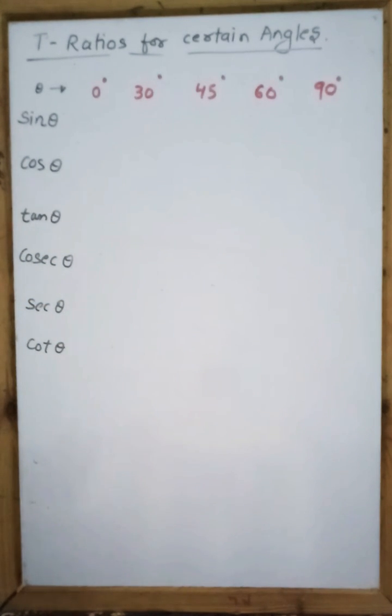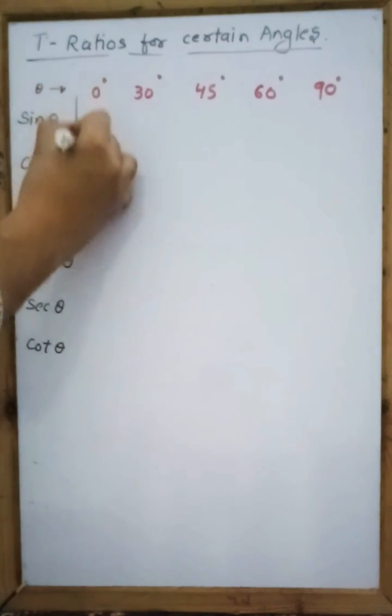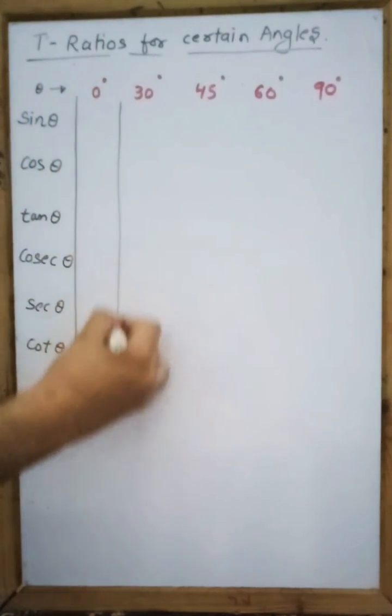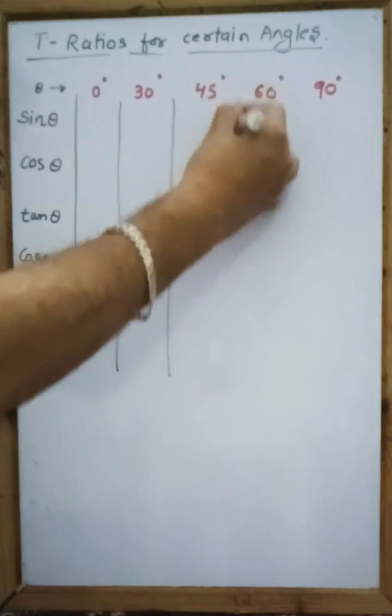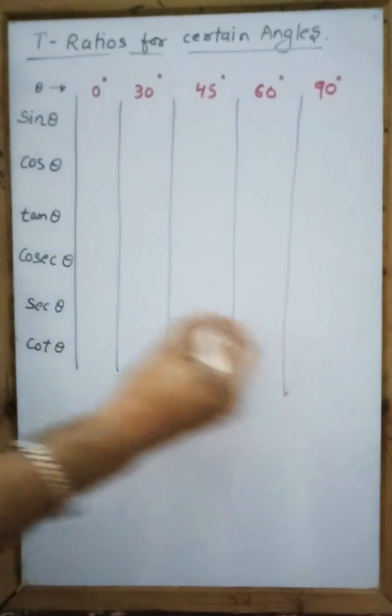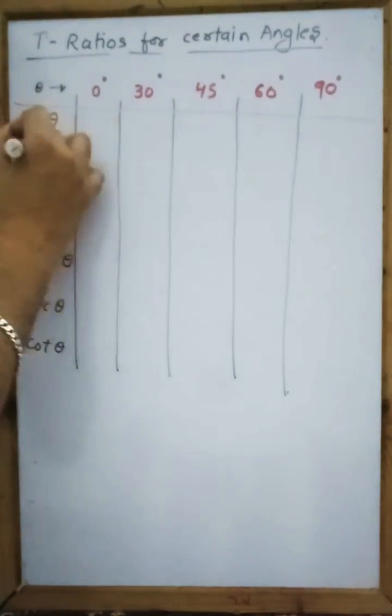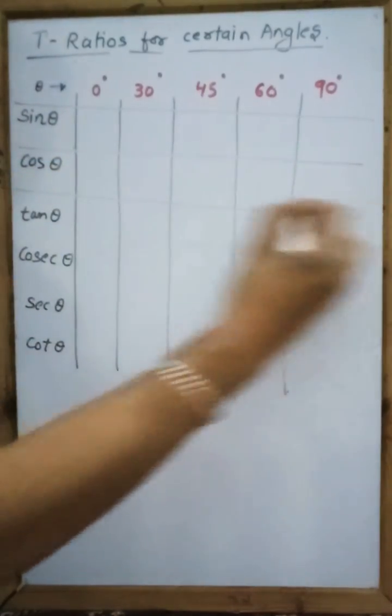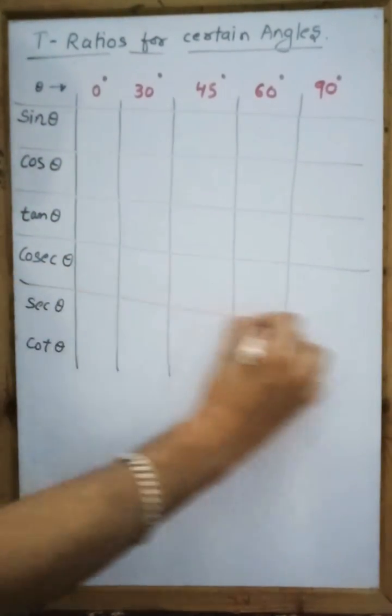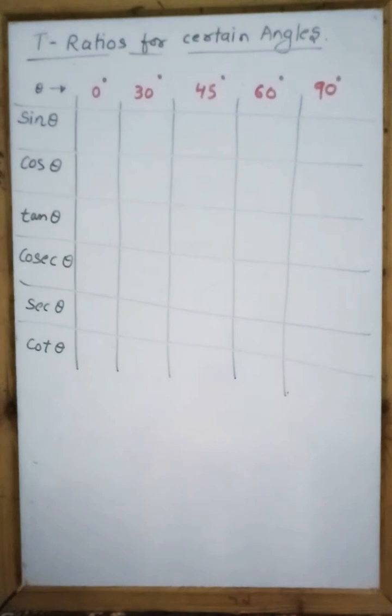There are some questions based on this trigonometric table. Straight away questions can be asked where you need to put the values and solve the particular problem. So, sine, cos, tan, cosecant, secant, and cot.